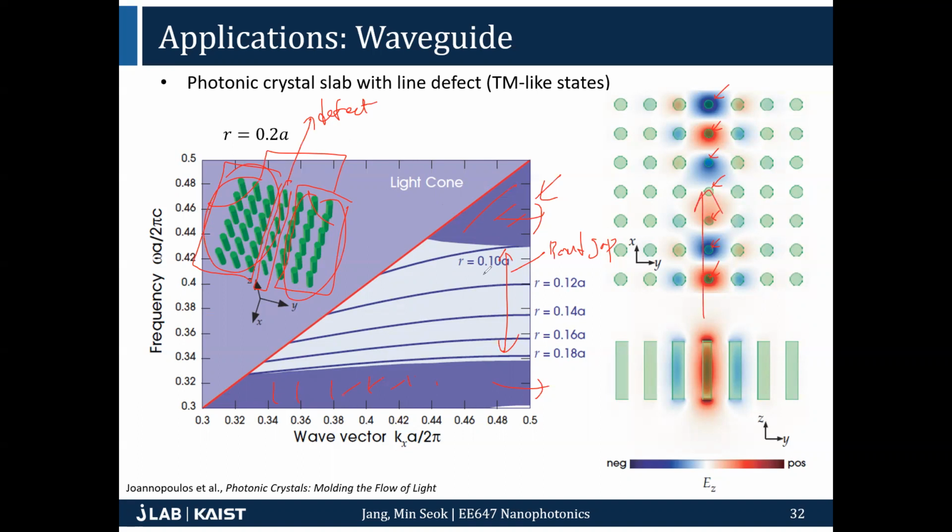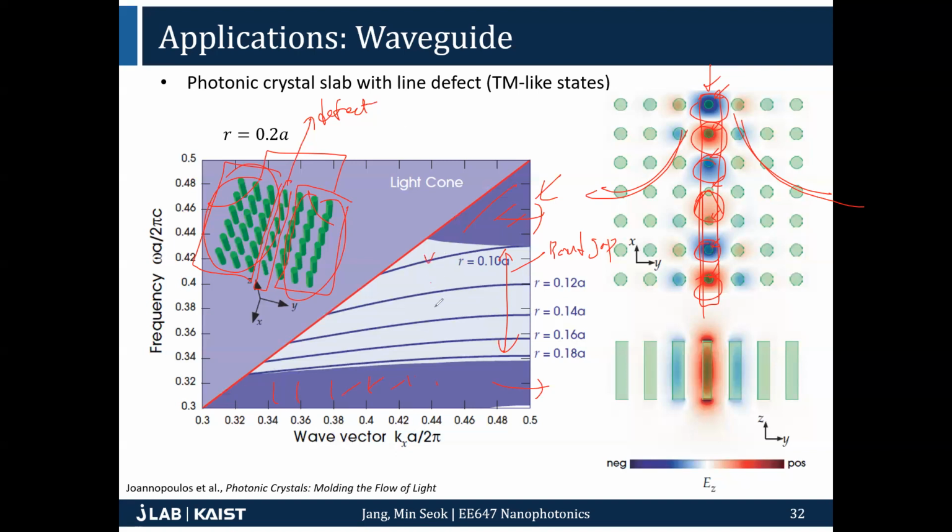Because as I said, in the band gap region, you have an imaginary K vector. Even though there's no propagating mode, there is a mode with imaginary K vector, which looks like this in terms of a field profile. And then at the position of the defect, there's no problem that it supports a guided mode.